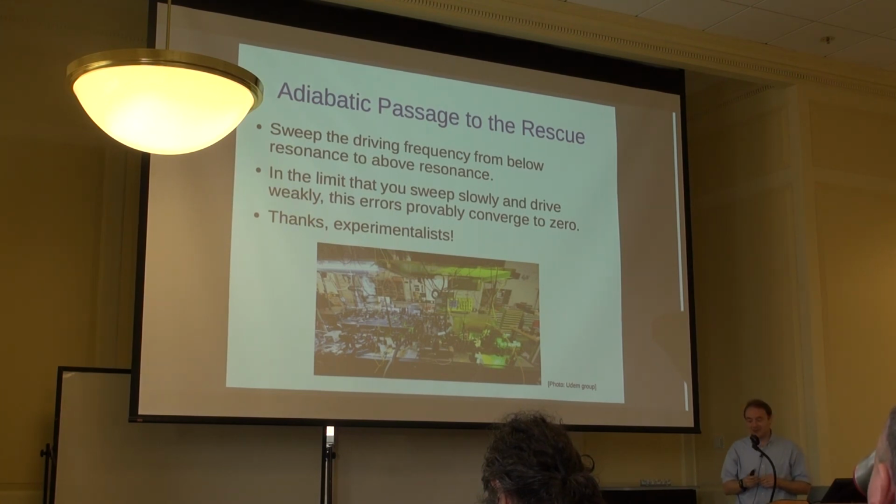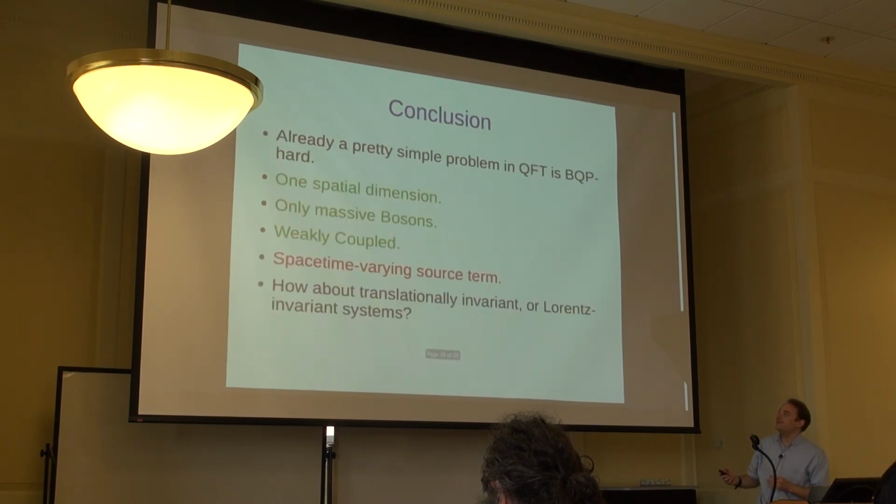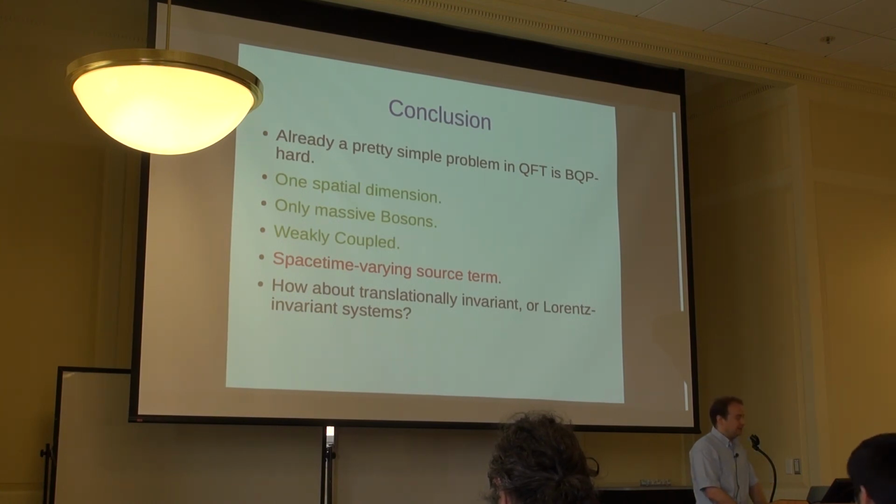So this was what allowed us to escape from this difficulty, and so we have to thank the experimentalists for having these great tricks that we can borrow. Okay, so in conclusion, the main point is that already a surprisingly simple problem in quantum field theory can be BQP-hard.